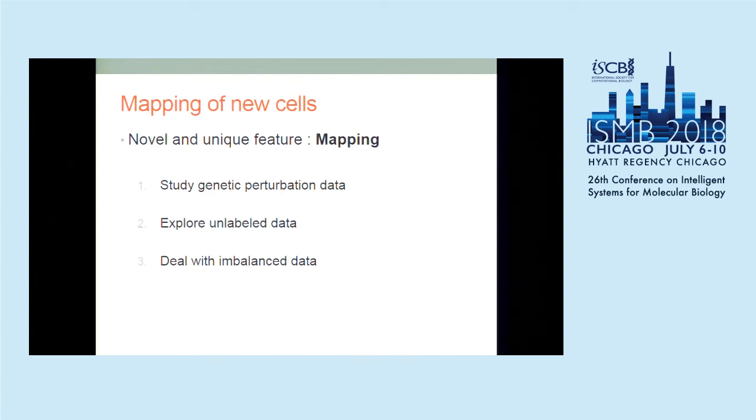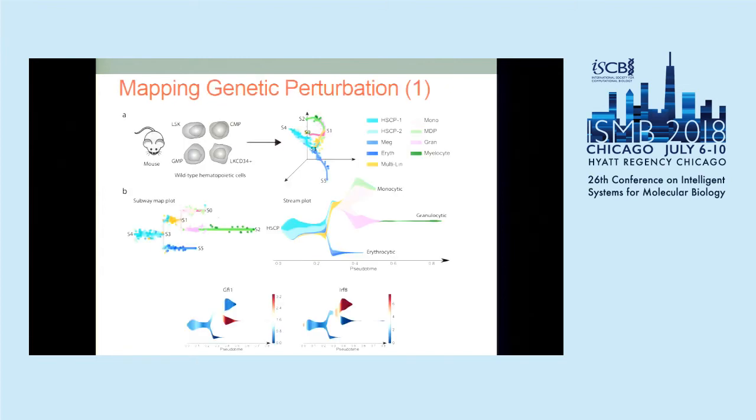And also, when dealing with an imbalanced data set, we can build the tree using a downsampled balanced data set and map the rest of the cells to the tree structure in order to keep some rare cell types. Because of the time limit, I'm only going to show you the first one.